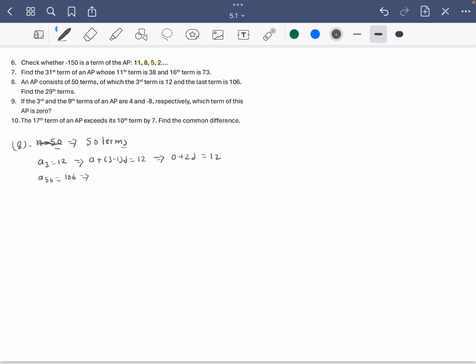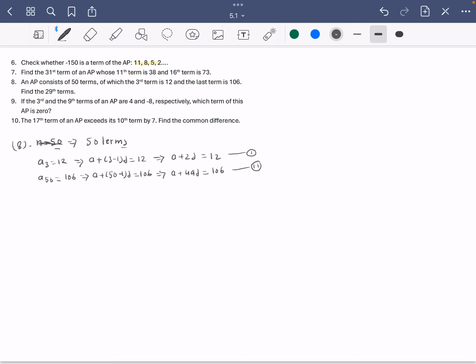A50 is 106. So A50 is a plus 50 minus 1 times d, 106. That means a plus 49d is going to be 106. Let's say this is equation first. So this is equation second.